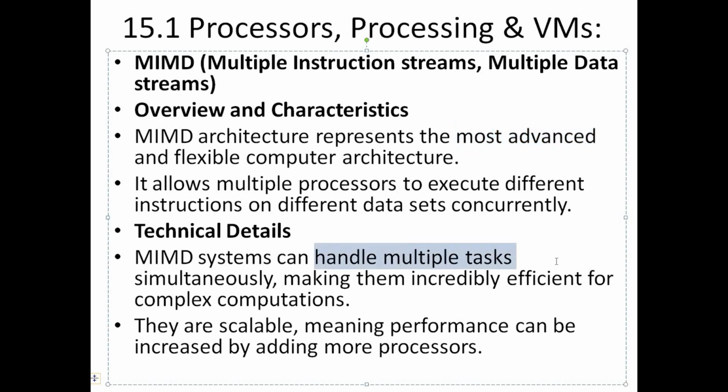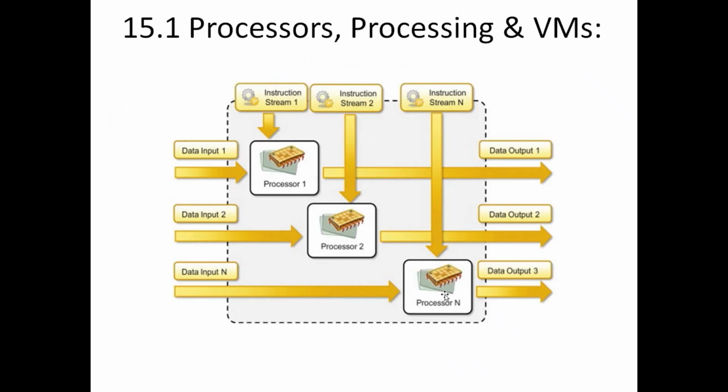They can handle multiple tasks simultaneously because every processor is doing its own thing, making them incredibly efficient and very fast. Well, kind of like the Ferrari of the IT world. They're scalable, which means performance can be increased as you keep on adding more processors. Like if you set up a big server, you keep on adding more processors. The more processors you add, the higher your performance will go.